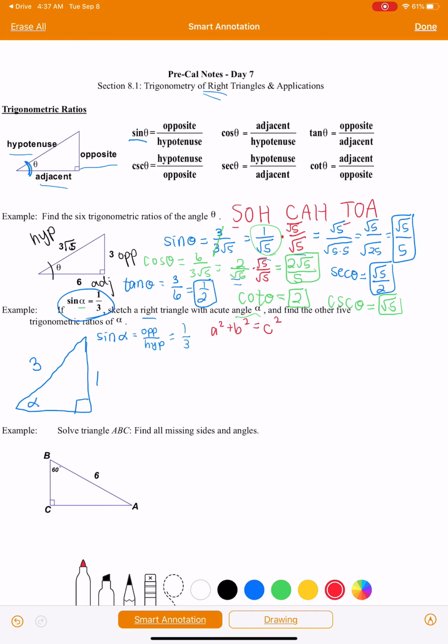I have 1 and 3. I need to specify, guys, C has to be the hypotenuse. Okay, so A and B are the 2 side lengths that are not the hypotenuse. So we can name this A, this could be B, this could be C. Notice C is my hypotenuse. Okay, so if I substitute in the values that I have, I'm going to substitute 1 in for A. I don't know B yet, but I know C.